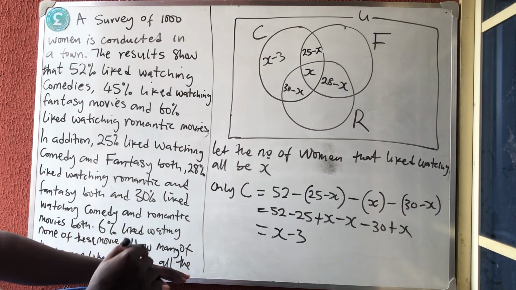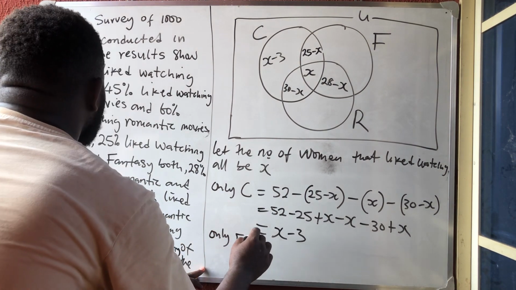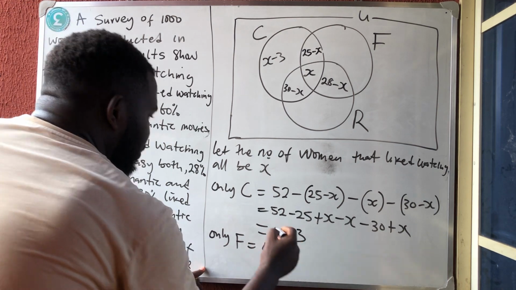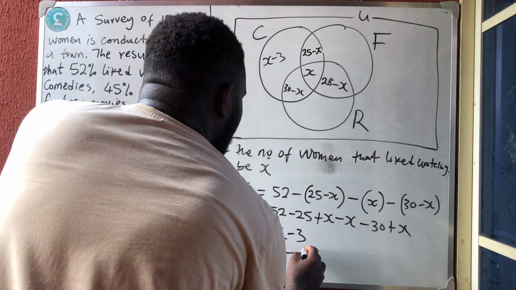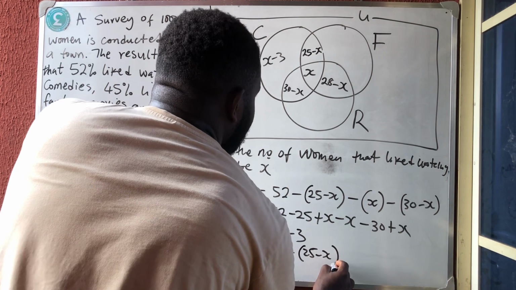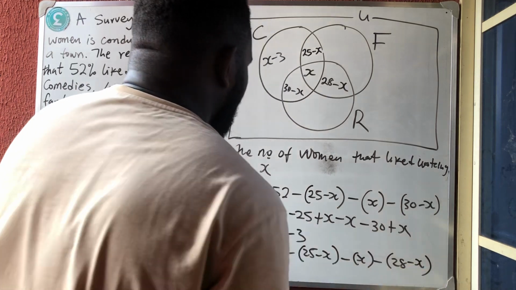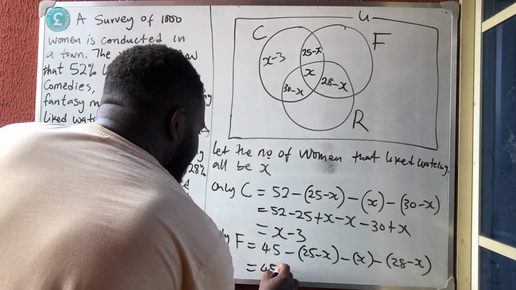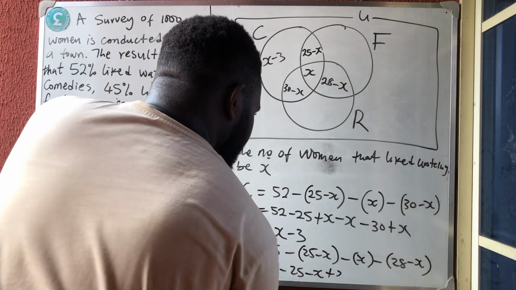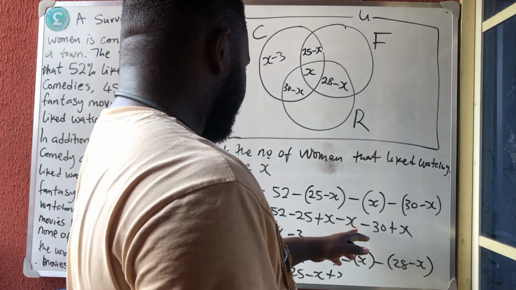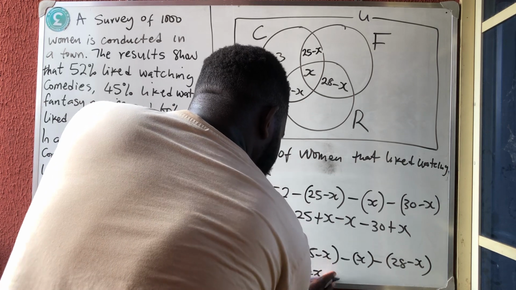45 like watching fantasy, so you get only fantasy. Only fantasy is equal to 45 minus everything that entered inside of fantasy, because they did not say only. So 45 minus (25 minus X) minus (28 minus X).